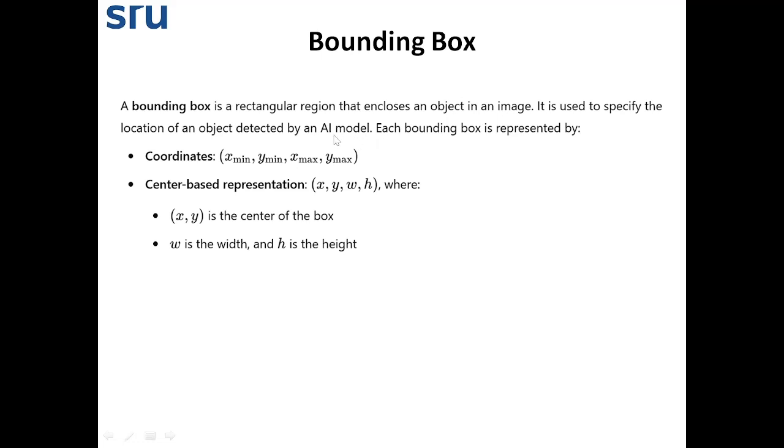Each bounding box is represented by coordinates, here x minimum, y minimum, x maximum, y maximum. This is called coordinate representation. Center-based representation is x, y, w, h, where x, y is the center of the box, w is the width, and h is the height.